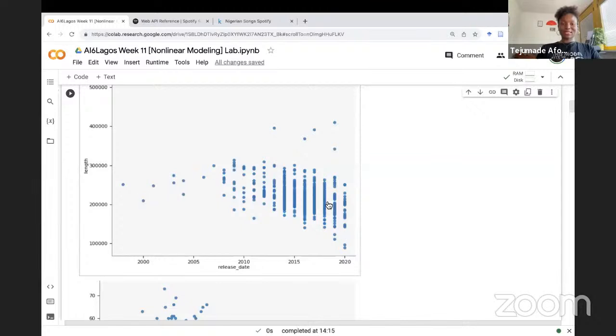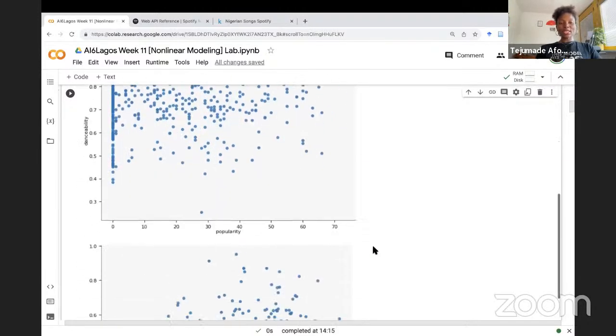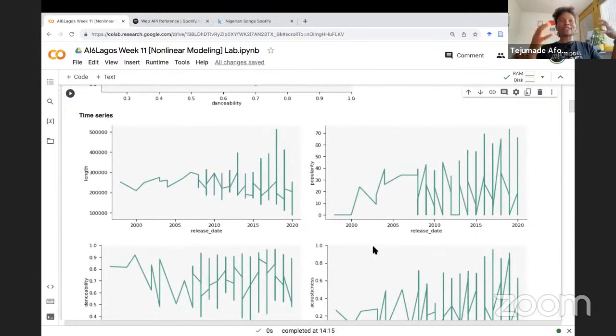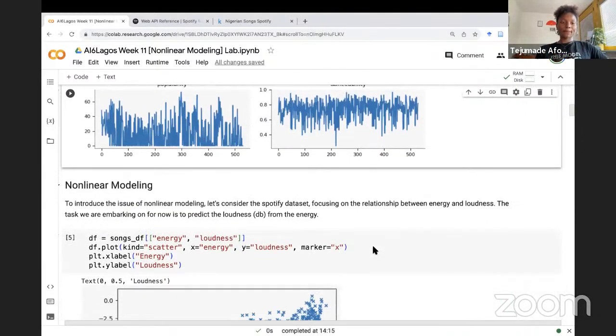This looks like a non-linear relationship, right? Anyway, this is just for you to have a feel of the data set that we're working with, what kind of task we can do with it, and how we should go about it, right?